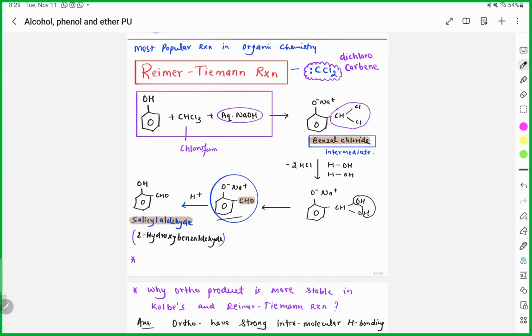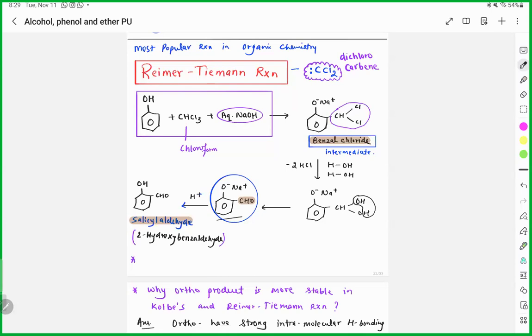Salicylic acid, hematite, chloroform aqueous, benzyl chloride. Okay.